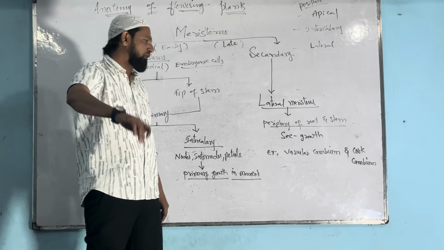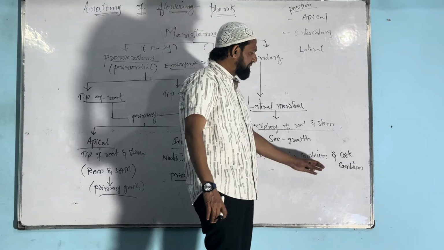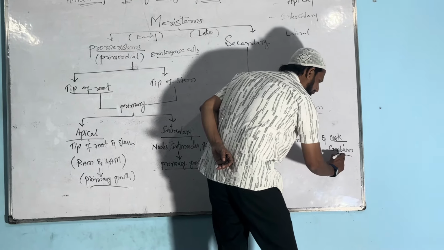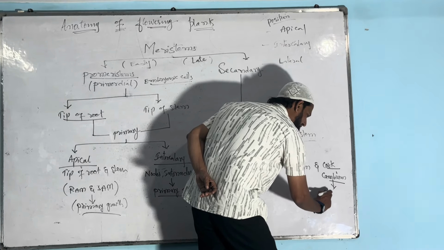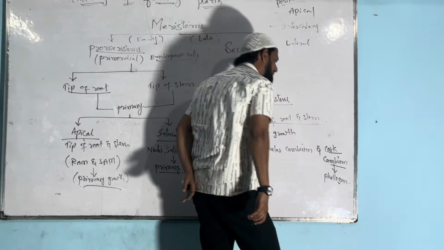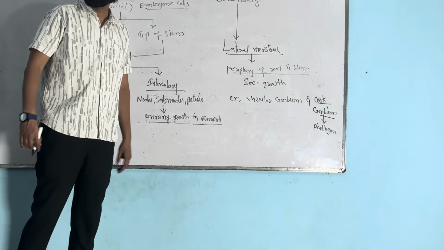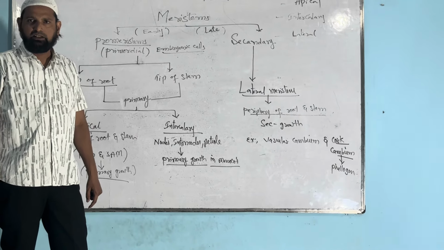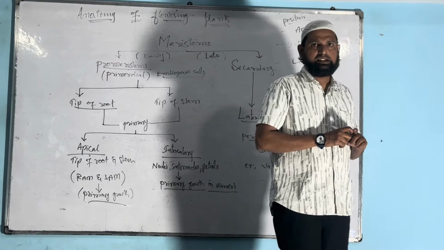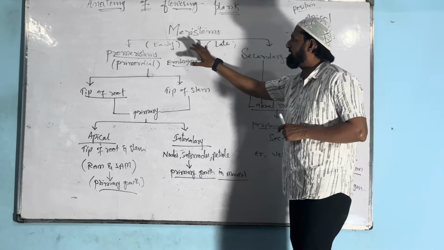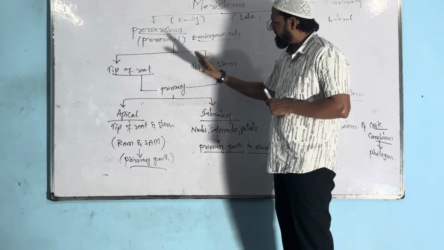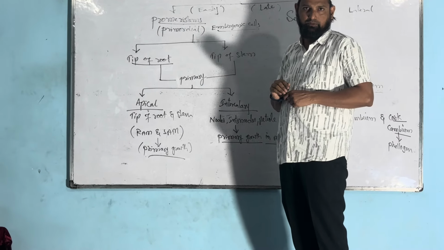And one more word, I think you know that. Sometimes we can use one more word for this cork cambium. The cork cambium is also called as what? Phellogen. Okay, now see here. I have used one word: early formation of the meristems is called promeristem, or primary meristem, right?